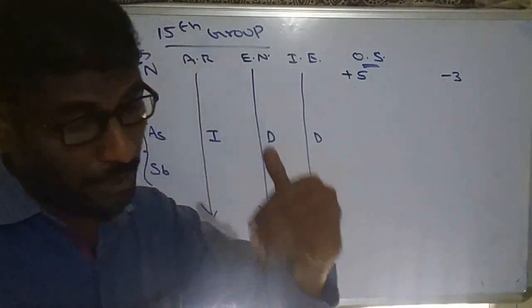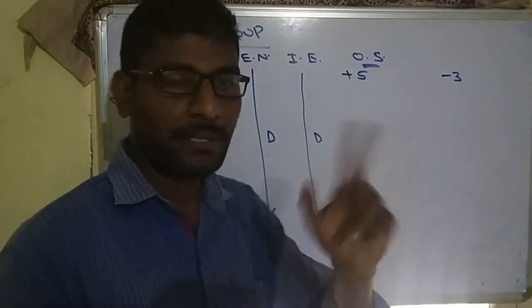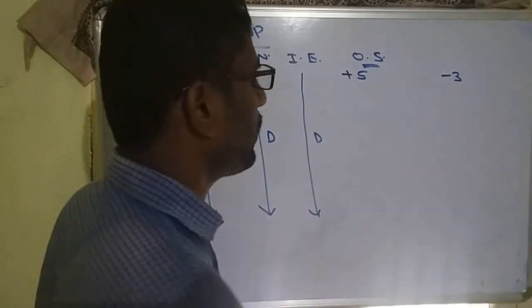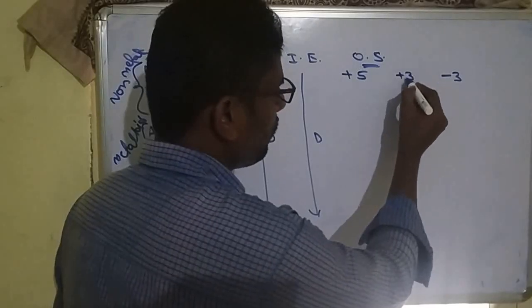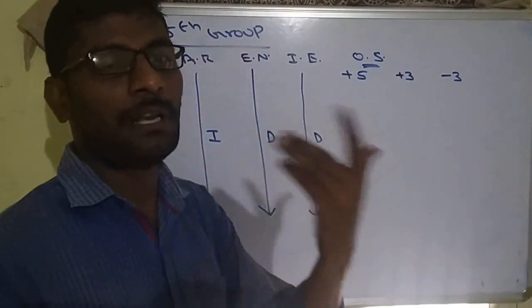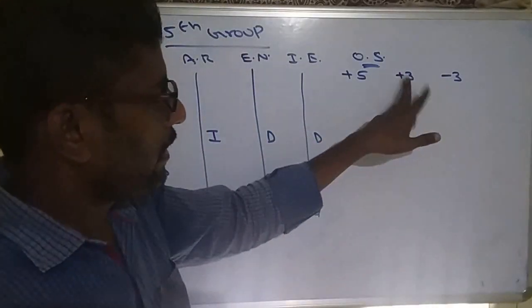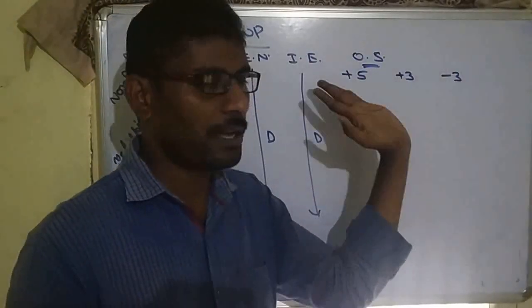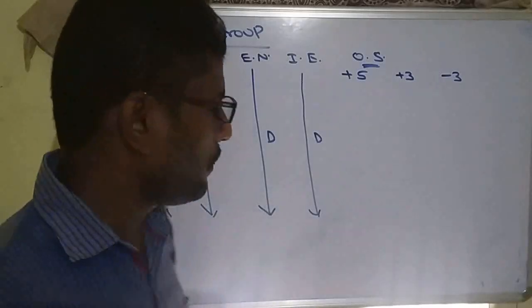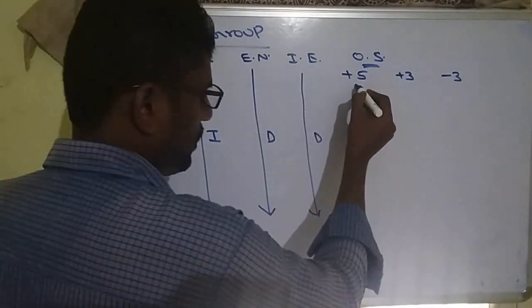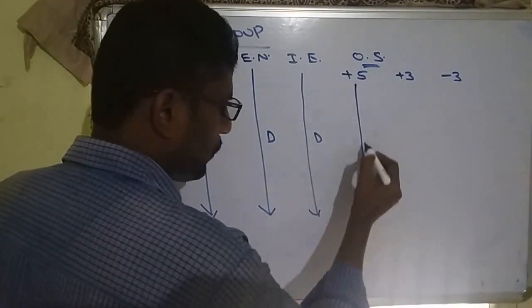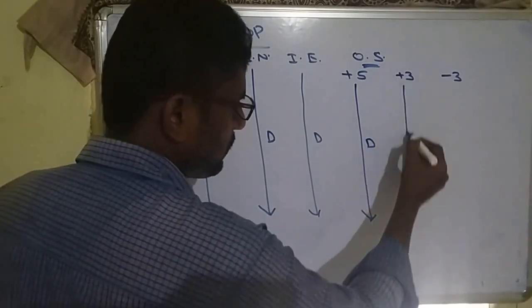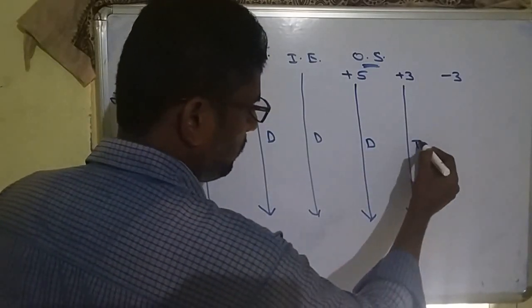Also, because of inert pair effect, the s electrons do not participate in bonding. When 2 electrons do not participate, 3 electrons participate, so they exhibit plus 3 also. So plus 5, plus 3, minus 3 are the common oxidation states of 15th group elements. The plus 5 stability decreases top to bottom, whereas plus 3 stability increases top to bottom.